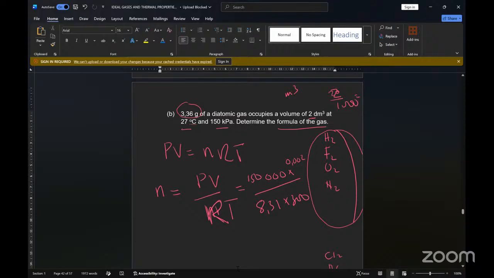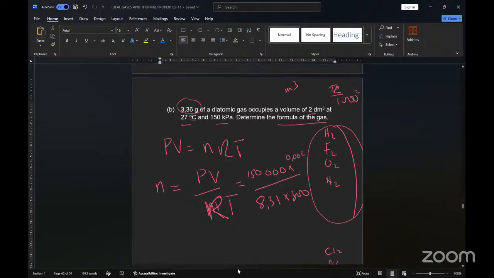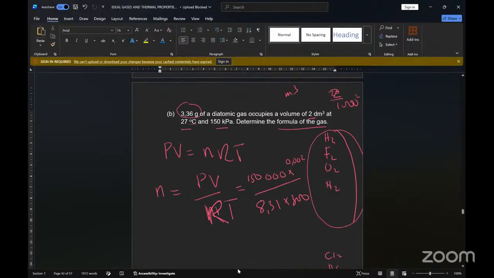So here we are going to have 150, and 3 zeros, 1, 2, 3, times 0.002. It gives you something. And then, when I multiplied it, actually, I got 300 here as the numerator, divided by this one times that.